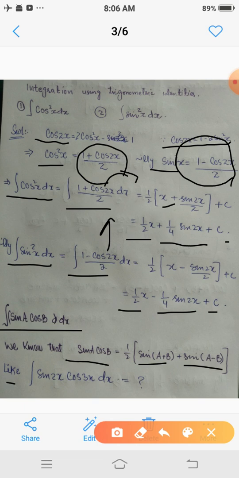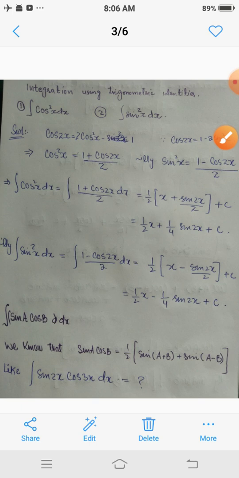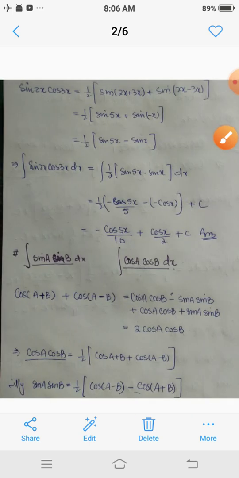Like if we consider sine 2x cos 3x, here a is 2x and b is 3x. So we can write sine a cos b as 1 by 2 (sine (2x plus 3x) plus sine (2x minus 3x)).